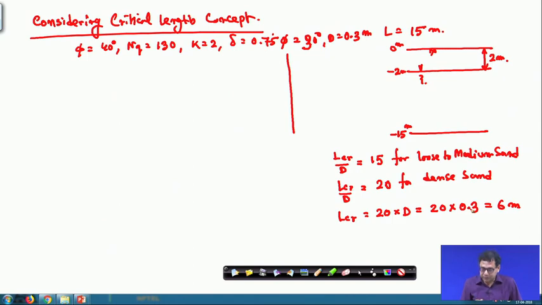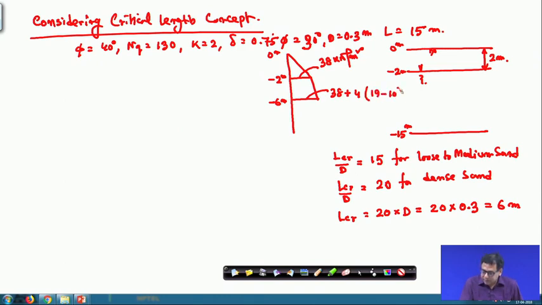From the ground surface, the distribution is up to 2 meter. Again this value will be 38 kilonewton per meter square, because that is the value I got in the last class. Now up to 6 meter, this is 2 meter, this is 0 meter, and this is 6 meter. So, up to 6 meter, this value is 38 plus 4 meter into 19 minus 10.